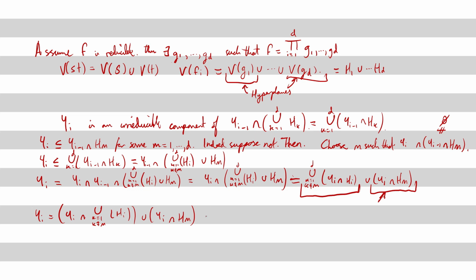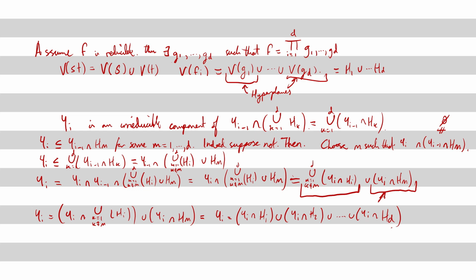However, if we just pulled out every single k and just wrote Y_i equals Y_i intersect H_1 union Y_i intersect H_2 union dot dot dot union Y_i intersect H_d, all of these are proper closed subsets, and all of these are non-empty.